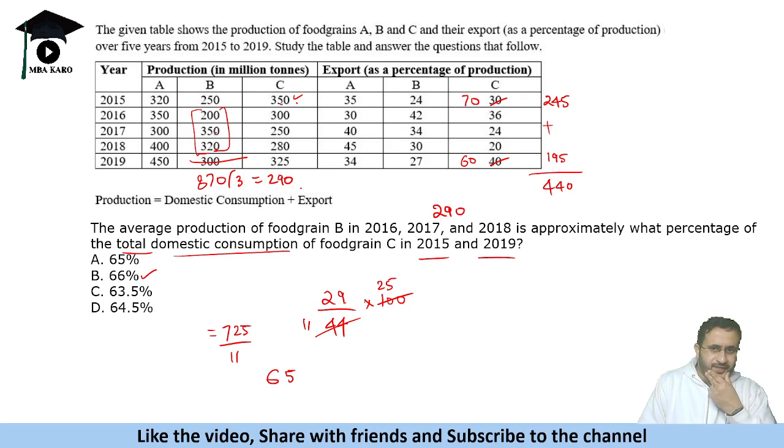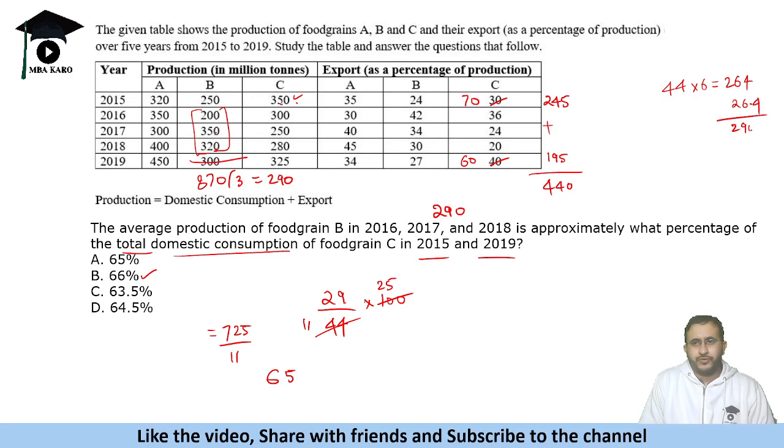This is 290 by 440. 444 into 6 is 264, and 26.4, 290.4. So yeah, this should be the value, 66%. The closest value we will pick. So this is roughly 66.